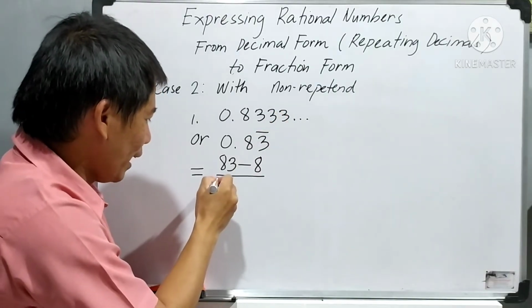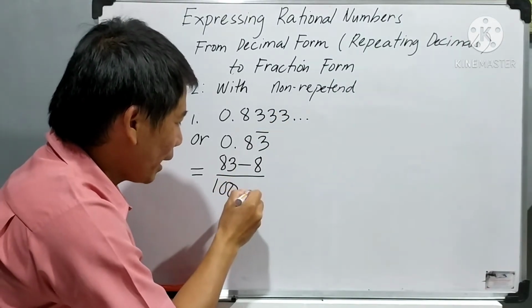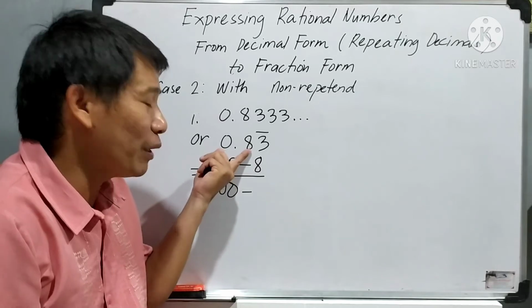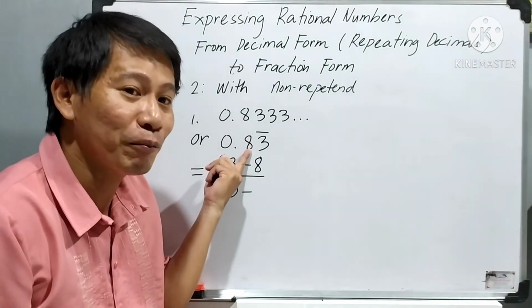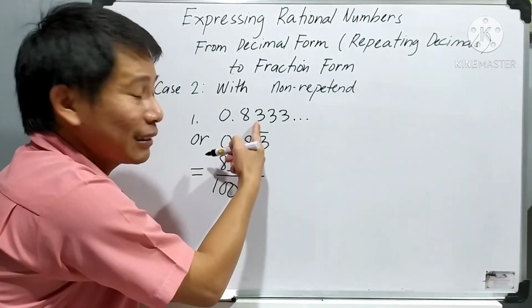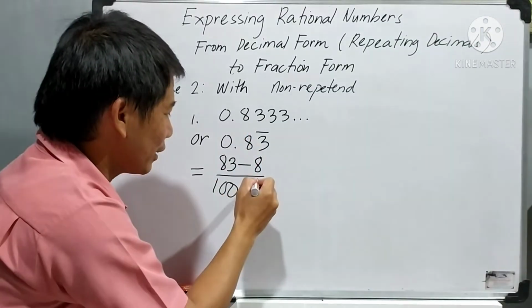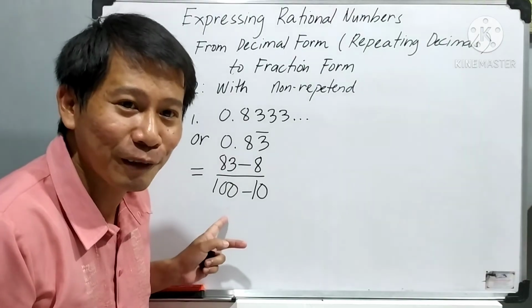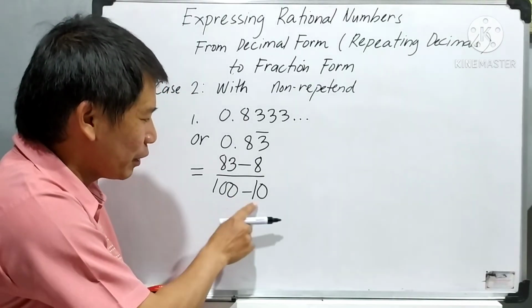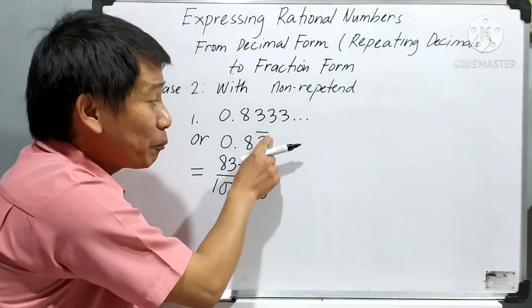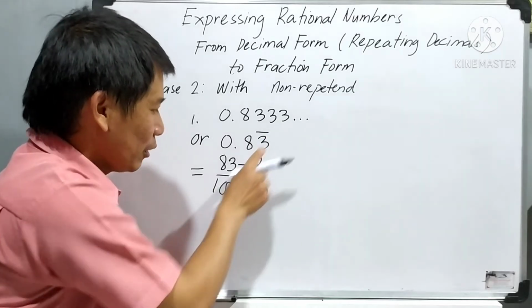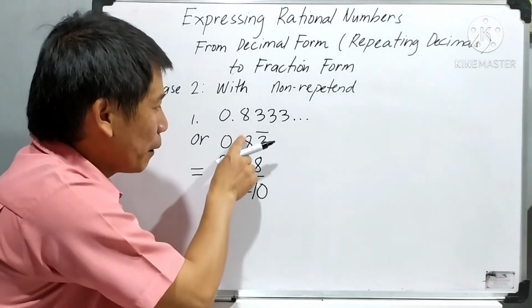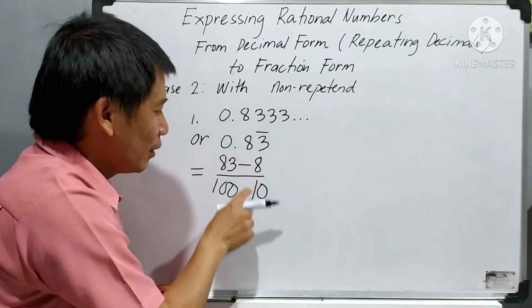So, 100 minus yung place value ng hindi nagre-repeat, ng non-repeated, which is tenths. Therefore, 100 minus 10. So, yan ang pagkuha ng denominator. So, ulit, paano nakuha itong denominator? Place value nung repeated, hundreds, so 100, minus place value nito, tenths, 10.